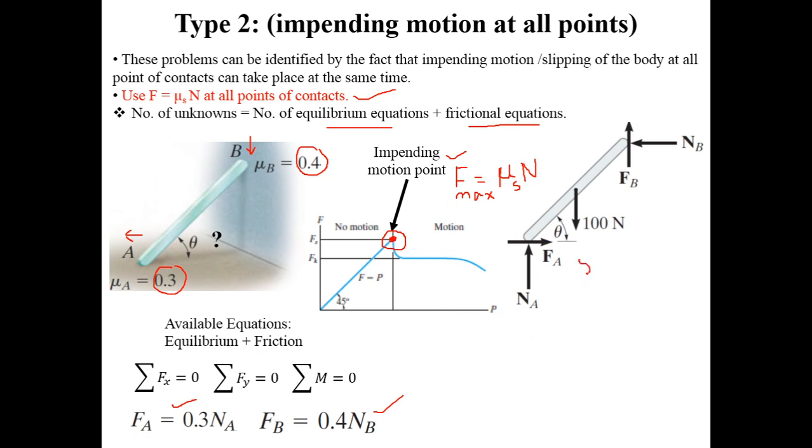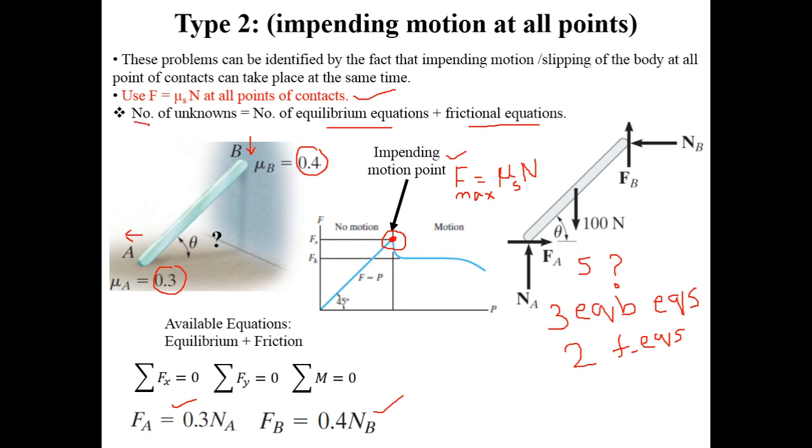So you have 5 unknowns and you have 5 equations: 3 equilibrium equations and 2 friction equations. This makes a total of 5 equations, and the unknowns are 5.